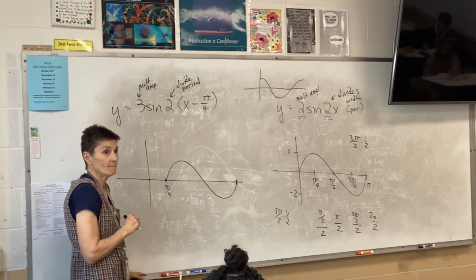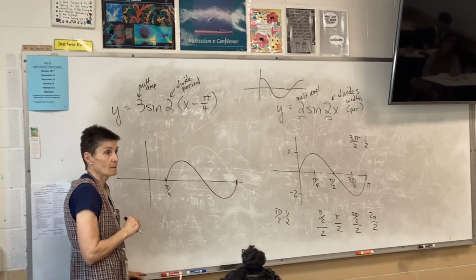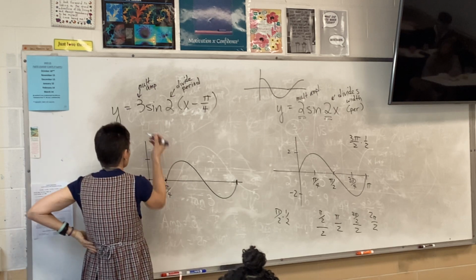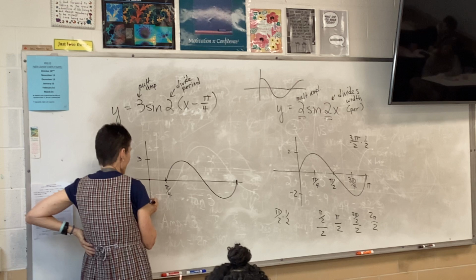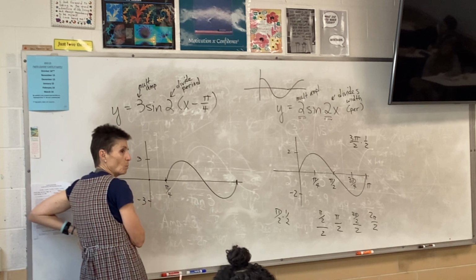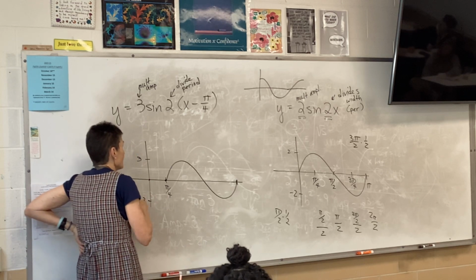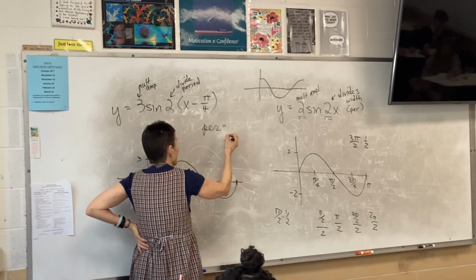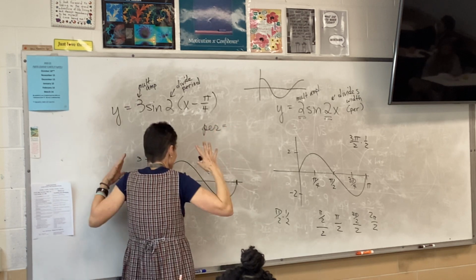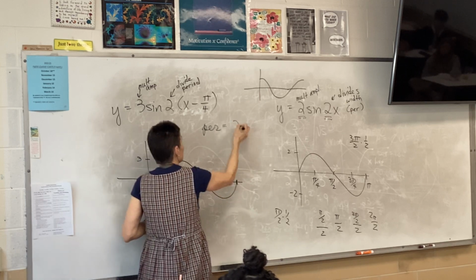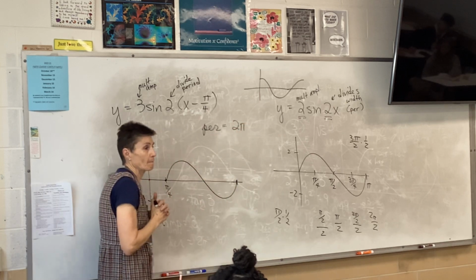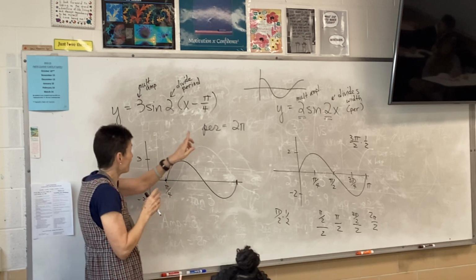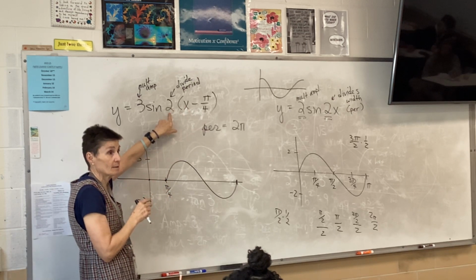Are you still with me? Now, I know that my amplitude is going to be 3. Does everybody have that? That's easy, right? We multiply 1 by 3. I know that the period of the real normal sine curve is 2 pi. That's the normal period. What have I done to this period?